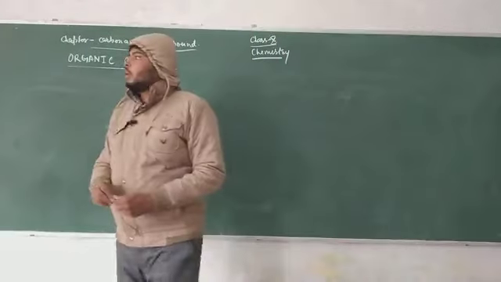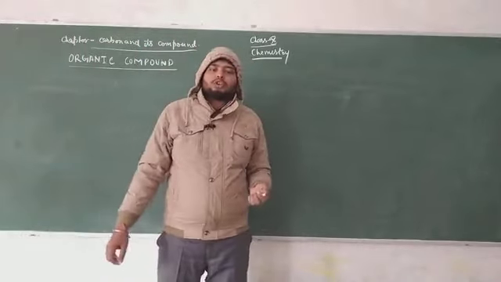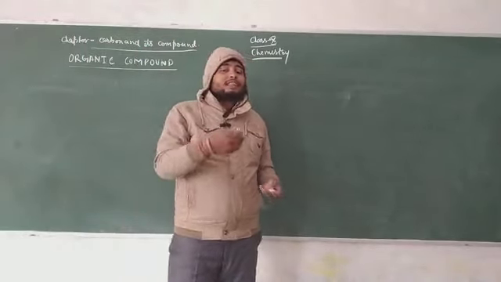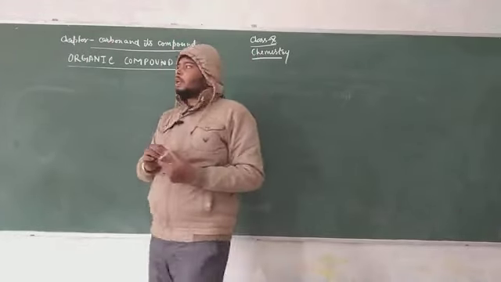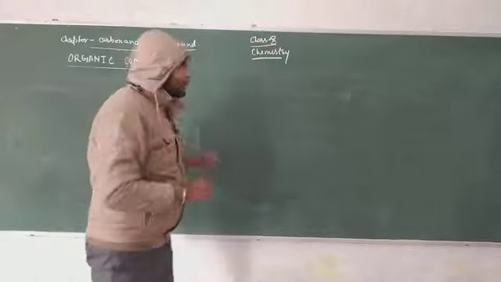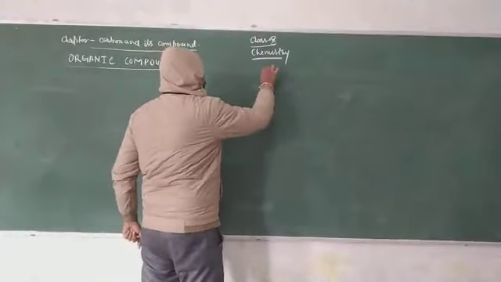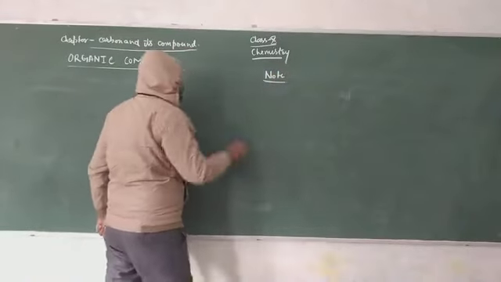Okay guys, before going on from this, we have to learn about the attachments of carbon, how carbon attaches itself and how carbon combines with itself. This is an important point in this chapter, carbon and its compounds: how carbon gets attached in the formation of organic compounds. This is also compulsory, take a note of this.